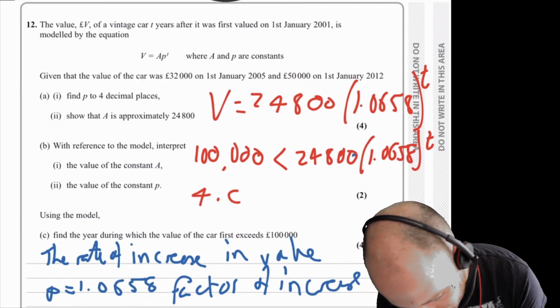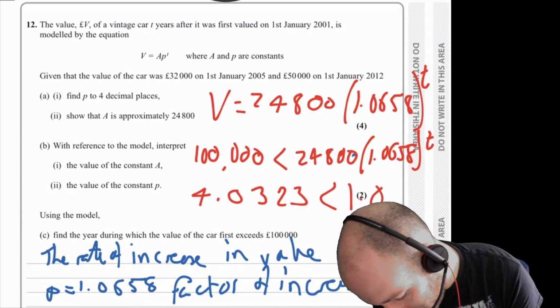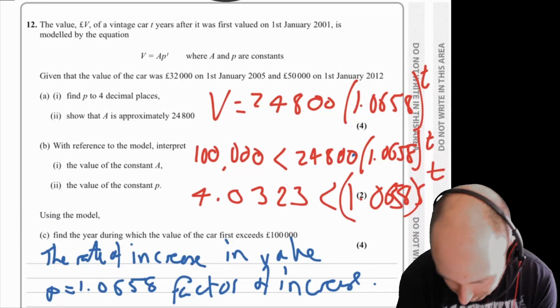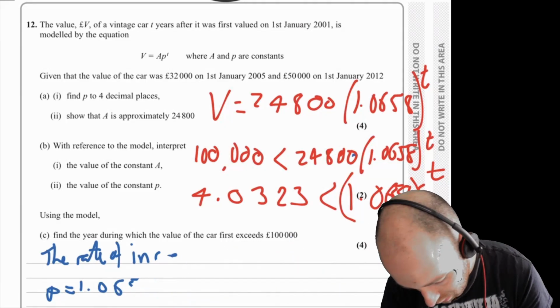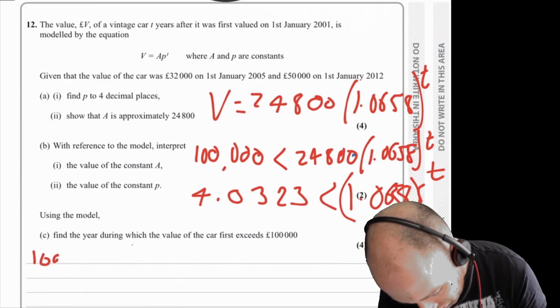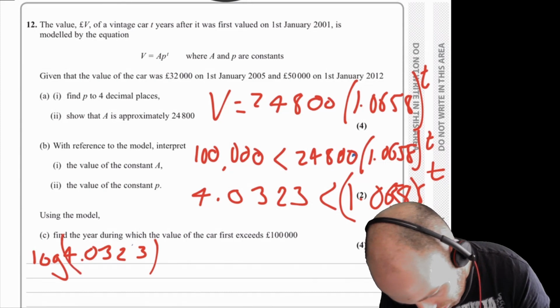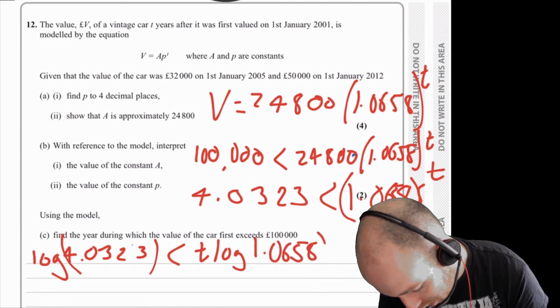Which gives me 4.0323 less than 1.0658 to the power T. Log both sides. And then use the power rule. So log 4.0323 less than T log 1.0658.